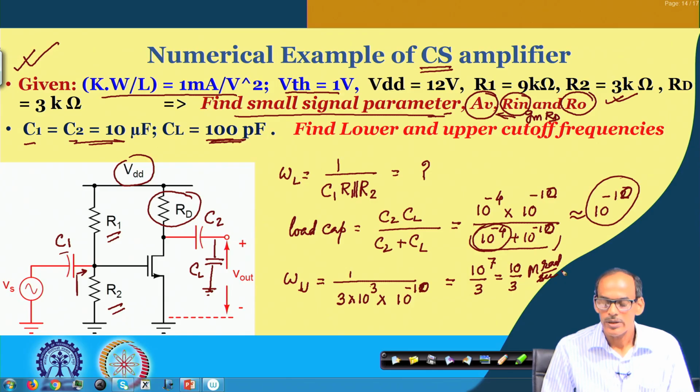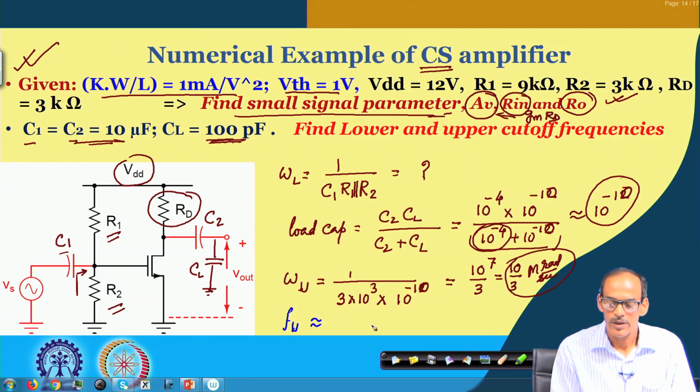And we can convert this in terms of hertz. What we will get is that f u will be in the order of a few hundreds of kilohertz, that is 10 divided by 3 into 2 pi.